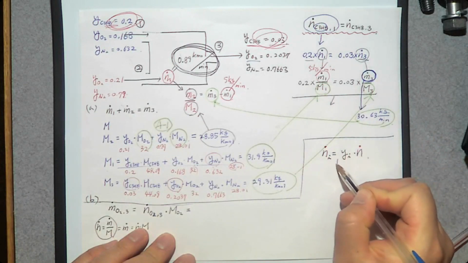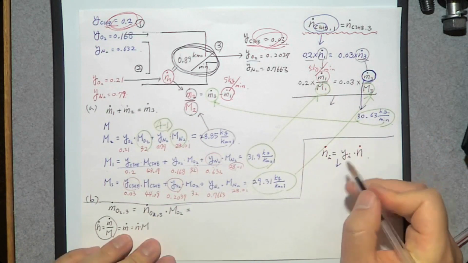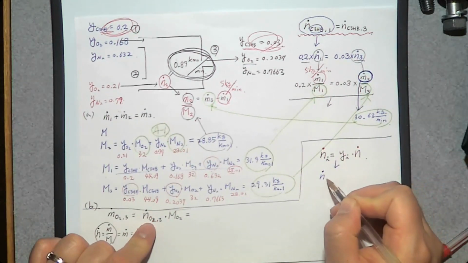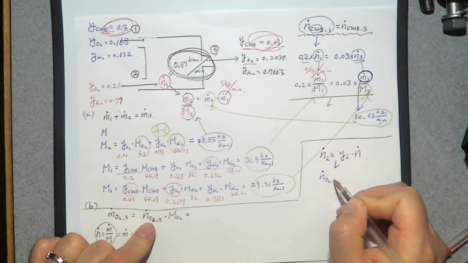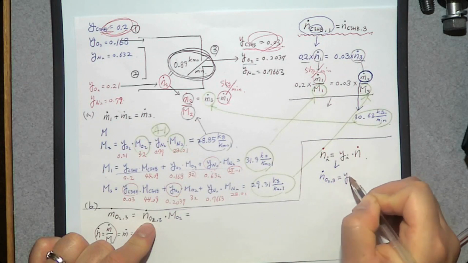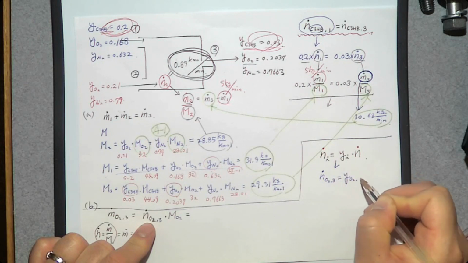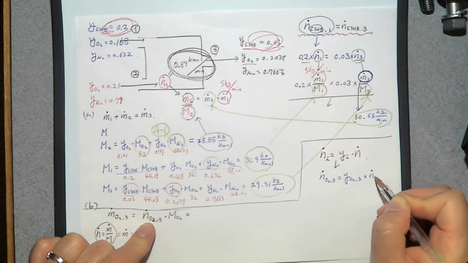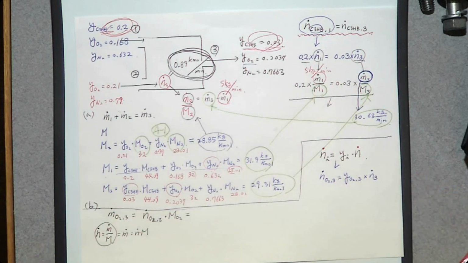And this one is for oxygen. So N dot of oxygen at the exit stream number 3 is going to be the mole fraction of oxygen at number 3 times the total molar flow rate at the exit number 3.